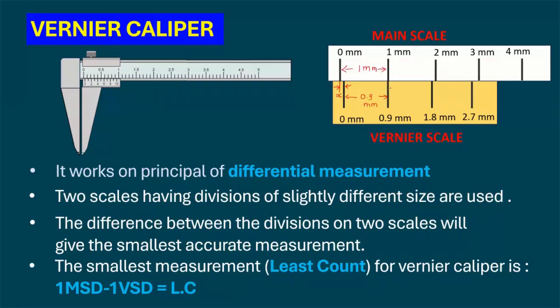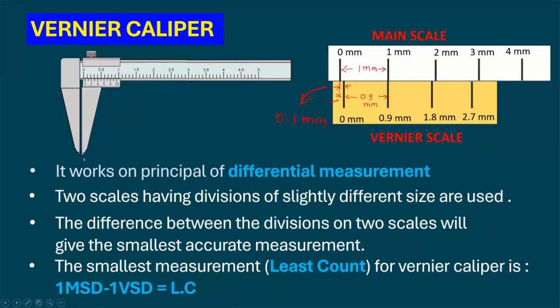If I simply compare both, I can say the value of x is the difference of one division of the main scale and one division of the vernier scale. That is 1 mm minus 0.9 mm. So I can easily conclude that the x value is 0.1 mm. This is how differential measurement works.